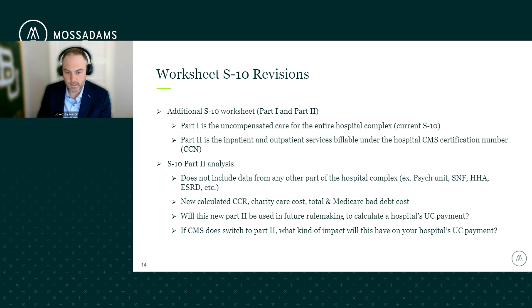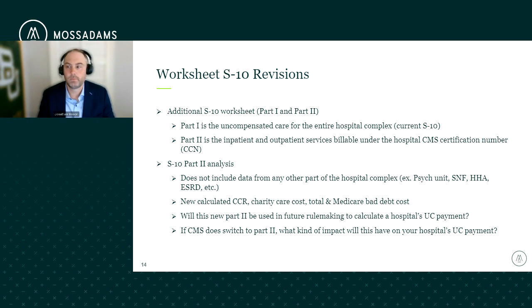There's also, obviously, a new charity care cost, Medicare bad debt cost, and total bad debt associated with those acute only accounts. And I think the big question we get asked a lot is what is CMS going to use this new part two for? When Transmittal 18 came out, they hinted that part two may be used to drive future UC payments. So I think it's clear CMS is making hospitals fill this information out, and ultimately may switch the current model of using the entire facility to just using the acute only, that part two.